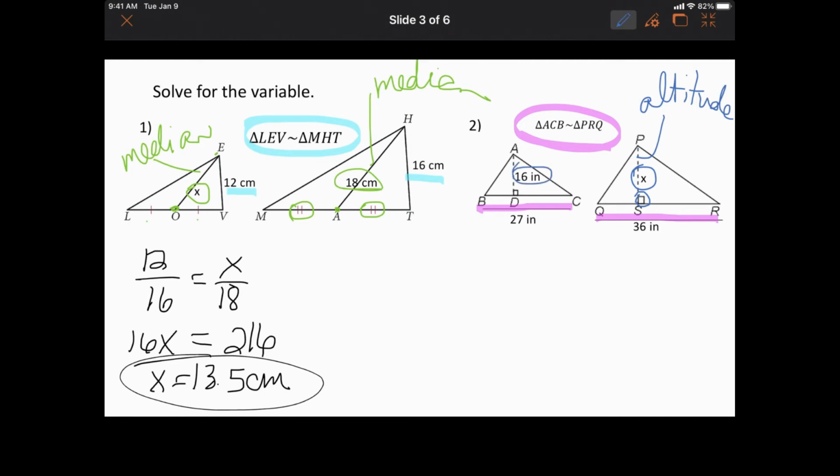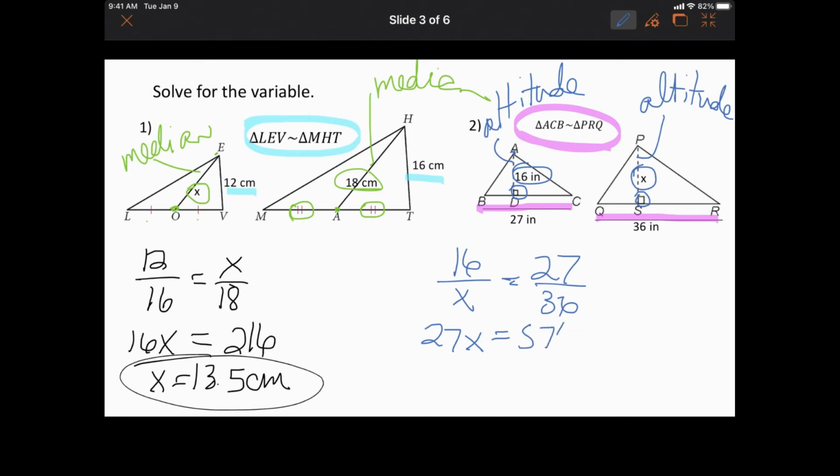You can see here for 16, we also have that perpendicular to the vertex, so that is also an altitude. So they are in the same ratio, 16 and x, as the two sides, 27 and 36. So I'm going to go 16 to x, 27 to 36. Okay, 21 and a third inches.